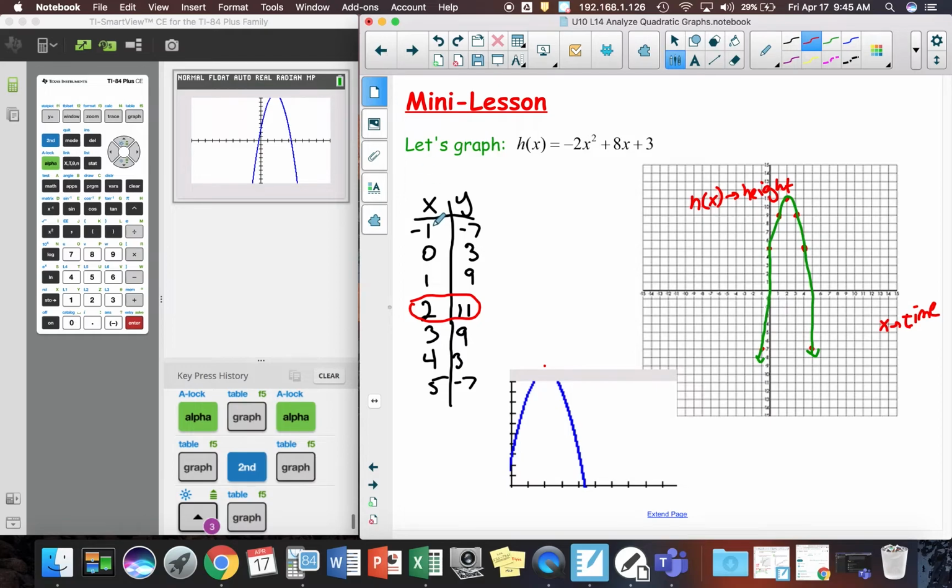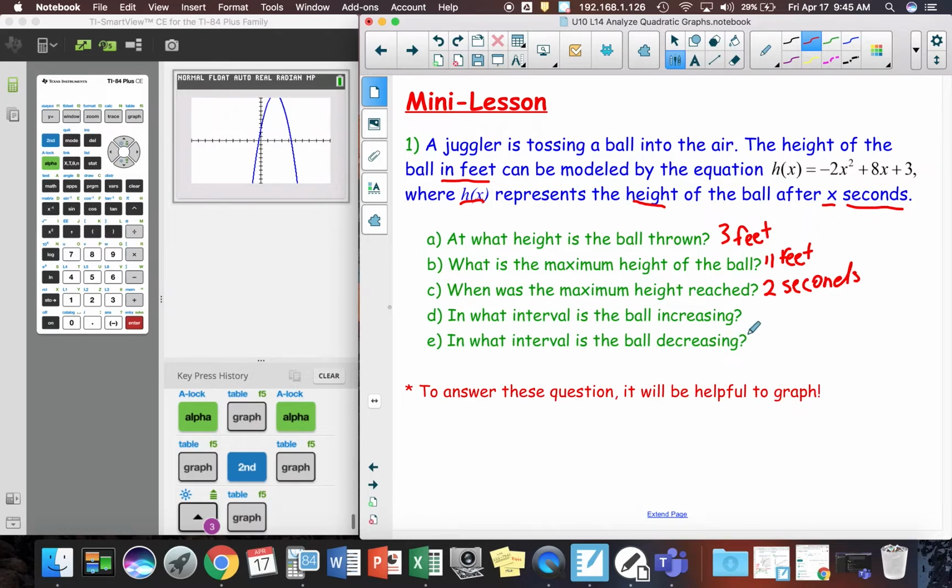So you're going to say that it's going to increase from 0 to 2. Whenever we're talking about interval, we're talking about the x value. So you can say from 0 to 2 seconds.